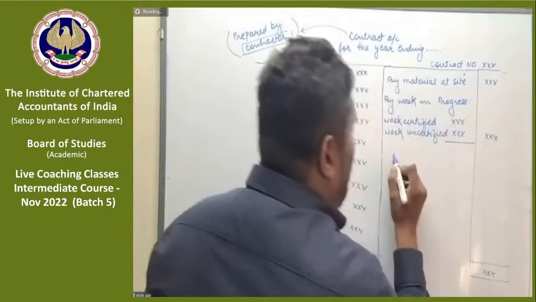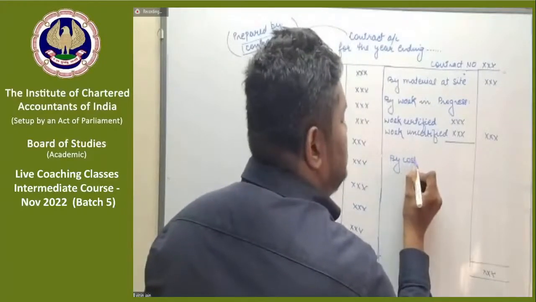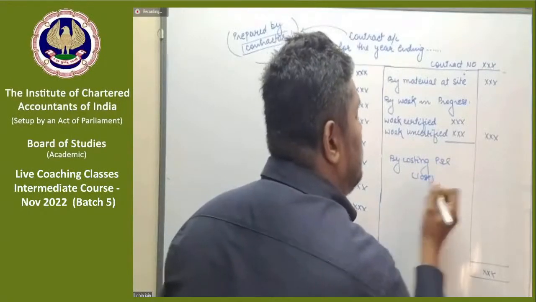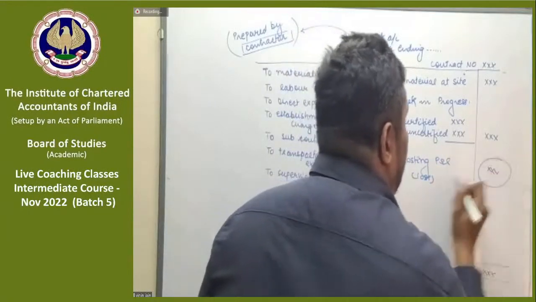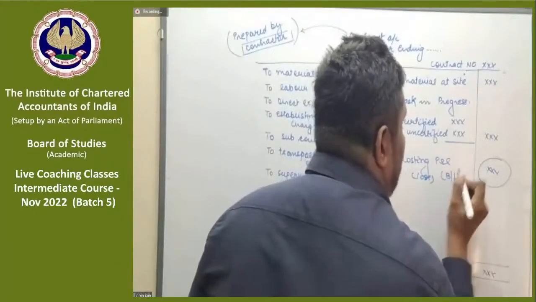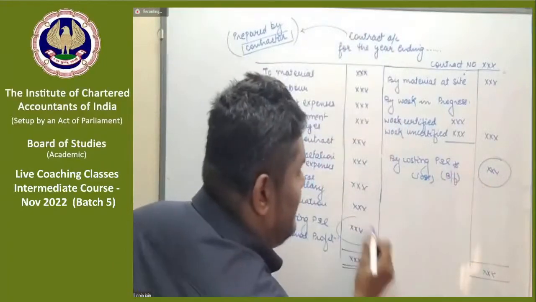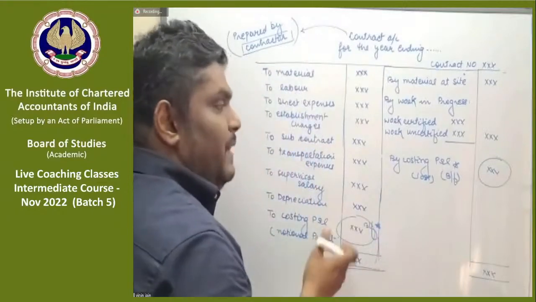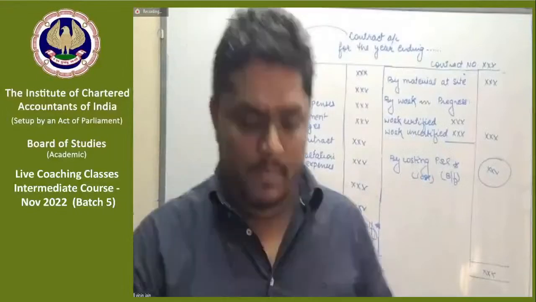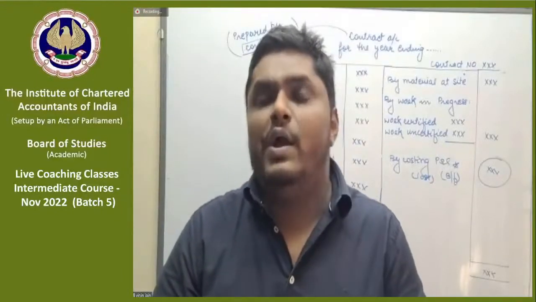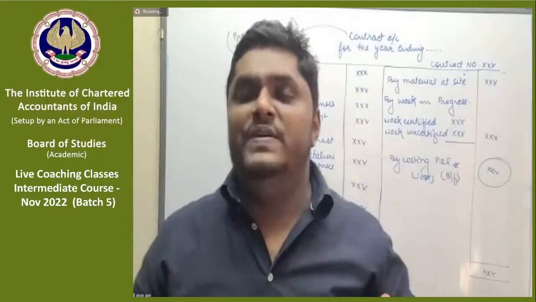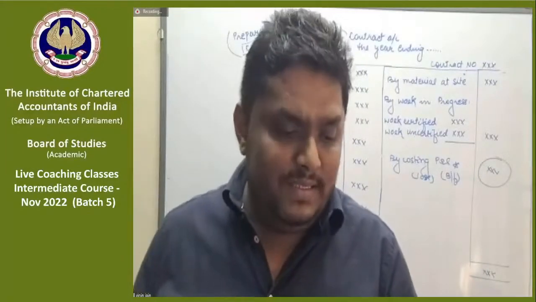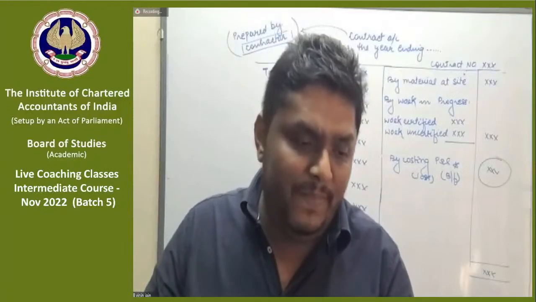And if there is any loss, by costing P&L, loss. This is the balancing figure. And this is also the balancing figure. Either it can be a profit or it can be a loss. So this is how a contract account is prepared. I have discussed the worst possible adjustments that the examiner can ask. Still, if you guys have any doubts, please ask me.